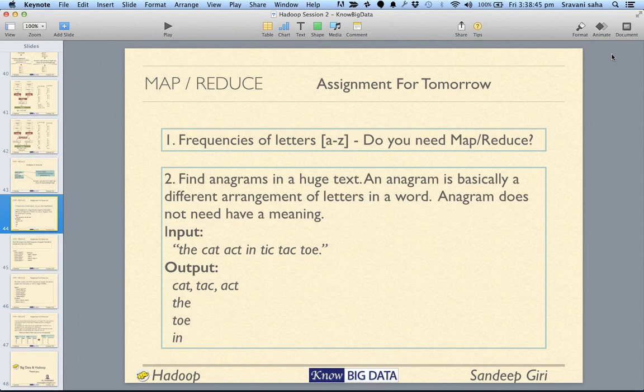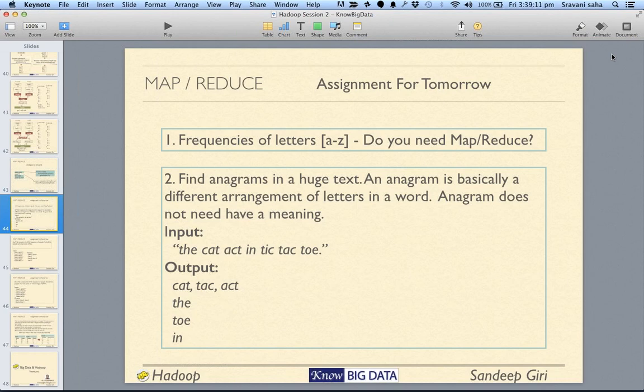Given a text, a humongous text in GBs, you have to find frequencies of letters. Can you tell me how big the output is going to be for this exercise? Quickly, anybody? 26 numbers, right?